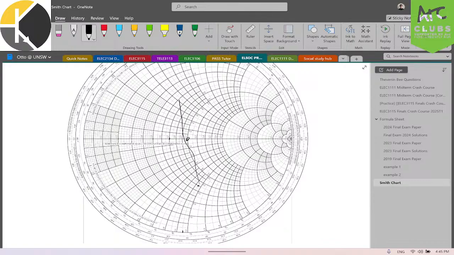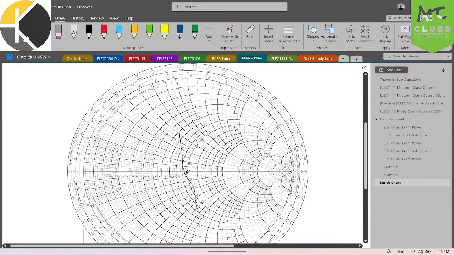Oh, okay. I'm not very familiar with this kind of thing. I have a Smith chart over here, so I'm just going to find the point manually. 0.7. This one is 0.5. So this point will be 0.5 intersection with 0.7.